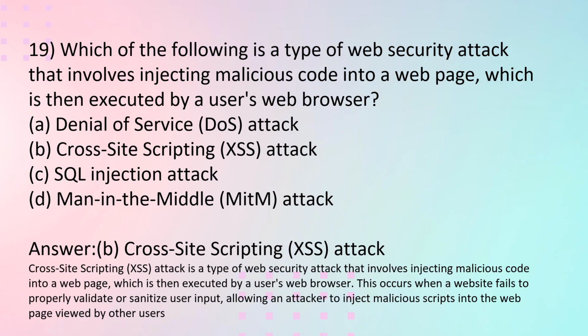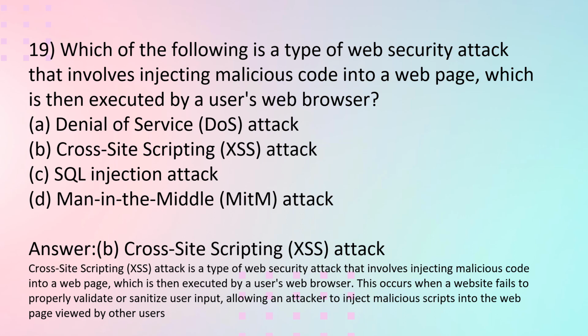Which of the following is a type of web security attack that involves injecting malicious code into a web page, which is then executed by a user's web browser? The answer is cross-site scripting attack.